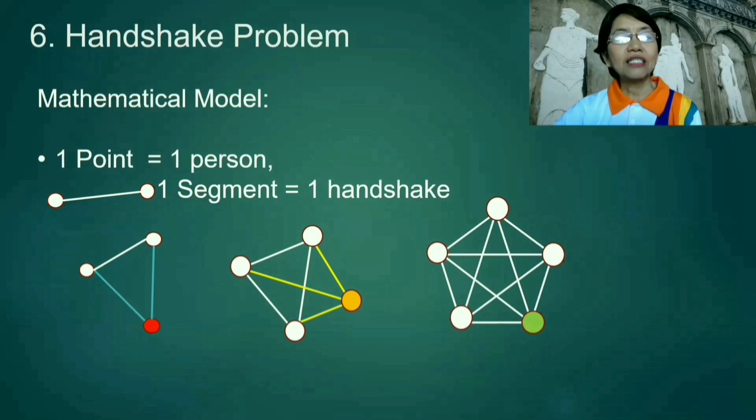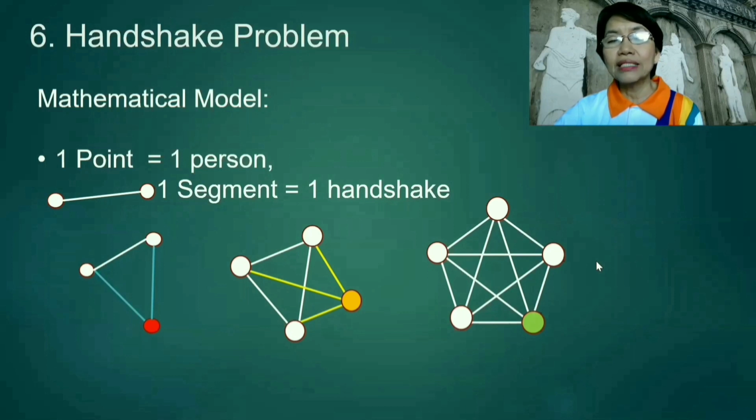And if the next person comes along, we have 3 people, so we will add another 2 handshakes. So if there are 3 people, you have 3 segments or 3 handshakes. And then if the next person comes along, we have an additional 3 handshakes. And if the 5th person comes along, we have an additional 1, 2, 3, 4 handshakes.